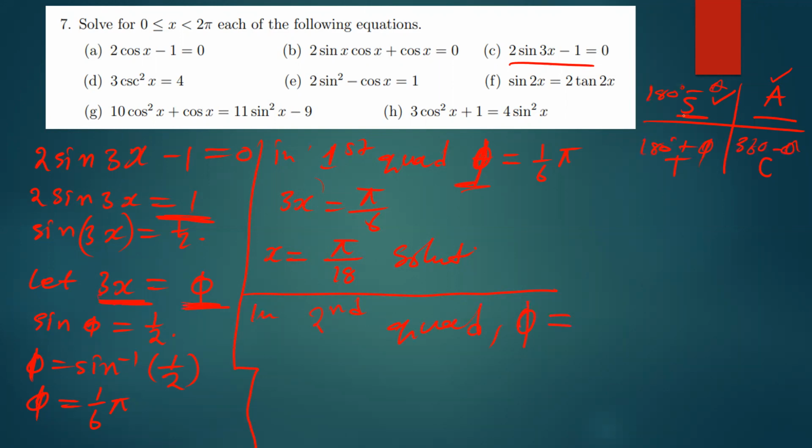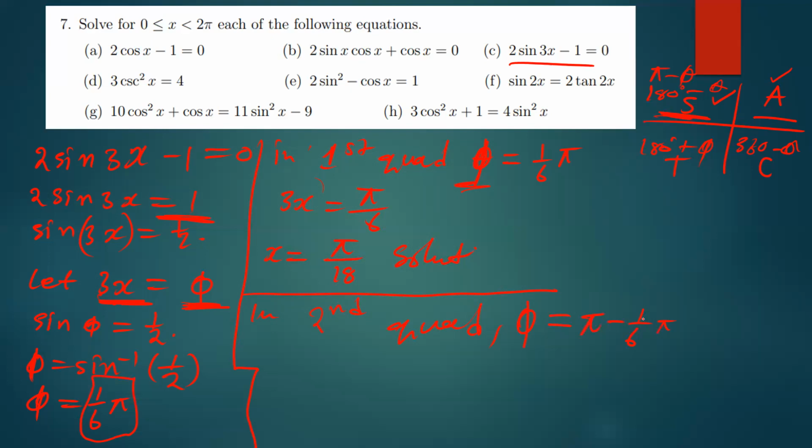So in the second quadrant, it's 180 minus the reference angle. But remember, I said I'm going to be using radians. So 180 degrees is equal to pi in radians. So this is the same as saying pi minus the reference angle, which is 1 over 6 pi.